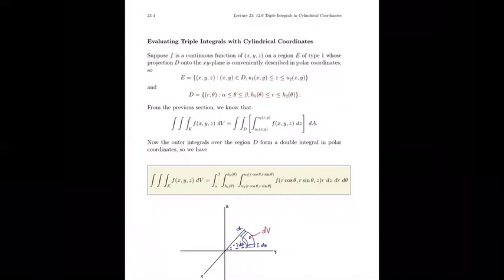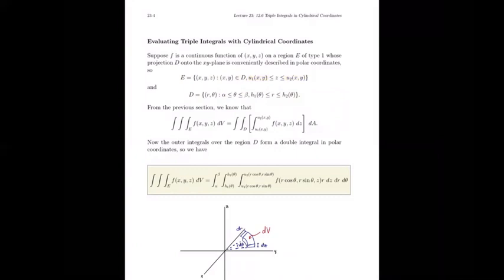So we'll describe E as its projection. It's the points x, y, z, where D is described in polar coordinates, and then z is bounded by two surfaces, u1 of x, y and u2 of x, y, below and above respectively. And we will convert those to polar coordinates as needed. That's a pretty direct conversion, we'll see below.